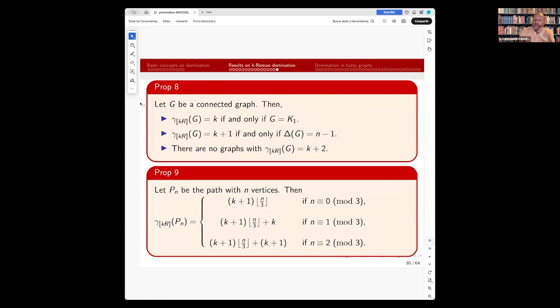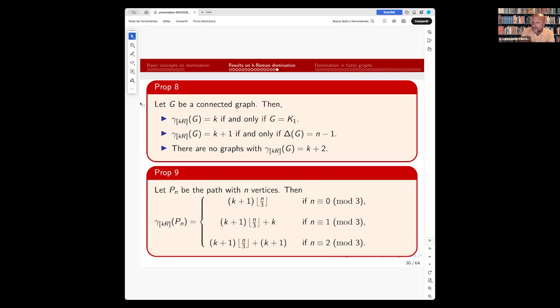Well, regarding exact values, as I said before, it's not easy to compute the exact value of the K-Roman domination number, even for particular graphs. In this paper, we have studied the smallest values of the parameter. In proposition 8, we have proved that the only graph that has this parameter equal to k is the singleton graph, and the graphs that have the parameter equal to k plus 1 are those that have a universal vertex.